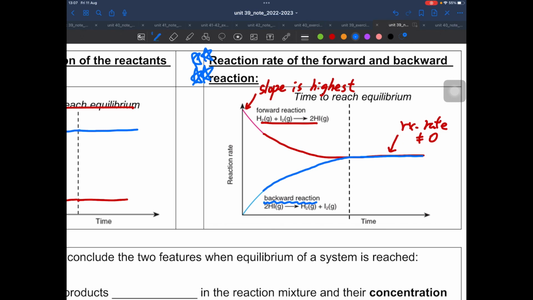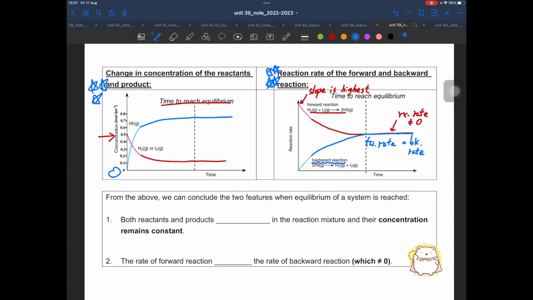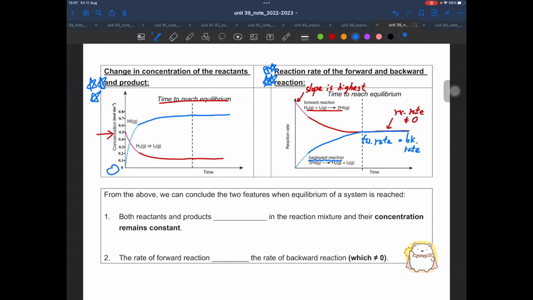That means both the forward rate and the backward rate are the same. Forward rate equals backward rate, and that's why the concentrations don't change anymore. So let's study these two graphs seriously, because many students get confused.